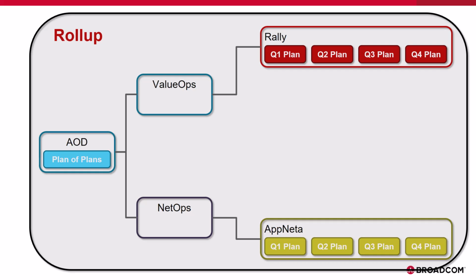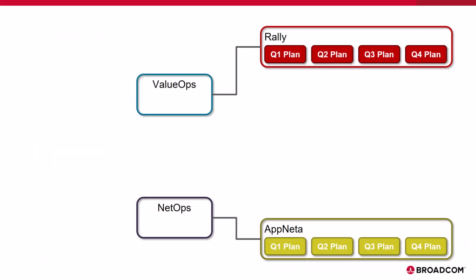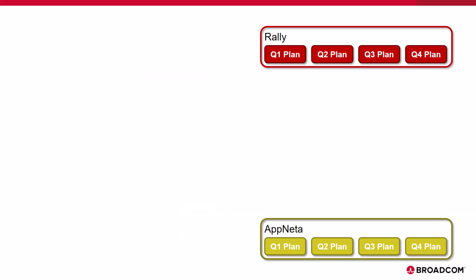But what if we had these same projects, but they weren't actually under the same hierarchy? In other words, ValueOps and NetOps are part of different organizations and have no hierarchical relationship in our workspace project hierarchy. It could also be that our project hierarchy is organized around different principles and doesn't actually reflect the organizational hierarchy that organizes our delivery streams.